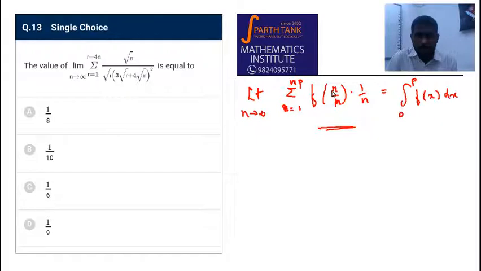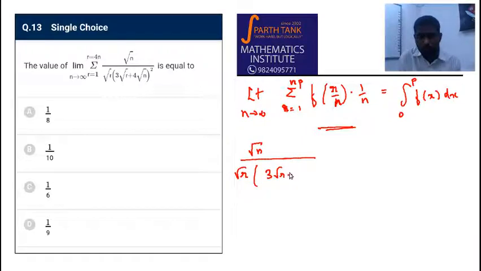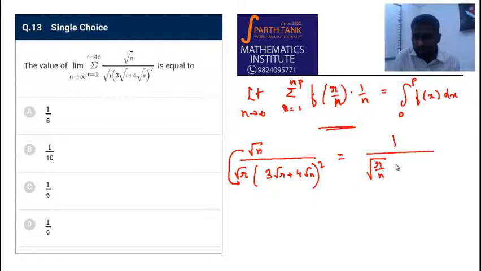So we have to bring a function of r by n and a 1 by n. So how to do? Start with that function inside: square root of n, square root of r, 3 square root of r plus 4 square root of n, the whole square. If I take a square root of n from inside, pull it out, and also take the square root of n to the denominator, and then from here I am taking a square root of n common.